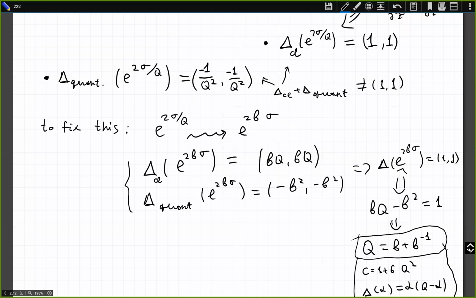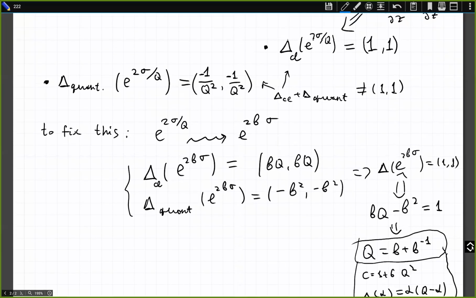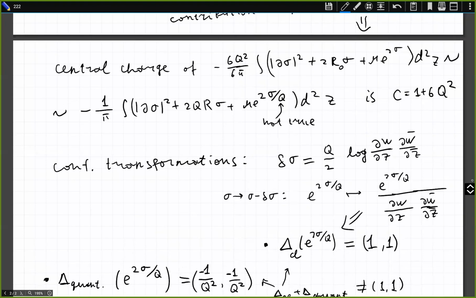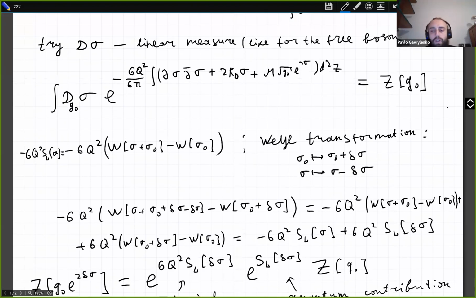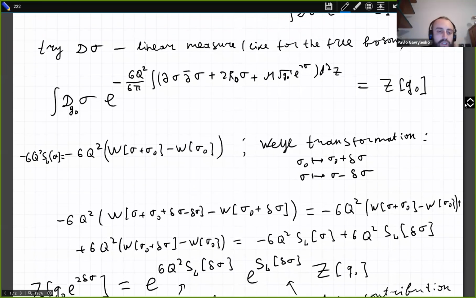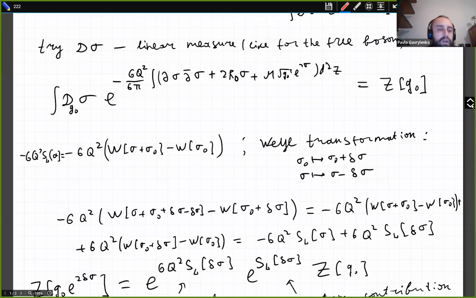But the classical dimensions, you deduce them from how it transforms classically. Yes, because we see that to make this theory conformal, we should add some non-trivial transformation property for sigma. So when we change the metric, we should also shift sigma by the logarithm of the Jacobian.